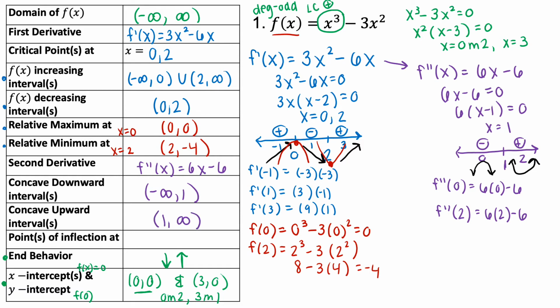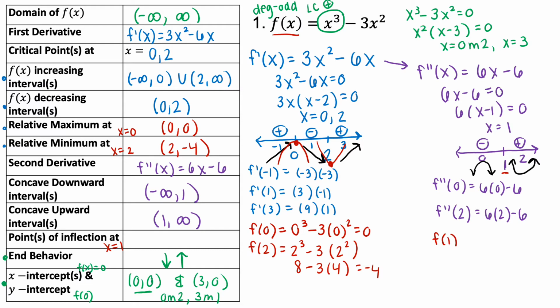And because we change concavity from concave down to concave up at that point 1, we have an inflection point, or point of inflection, when x is equal to 1. But again, just like our relative extrema, we want to give that as an actual x, y point. So we want to go ahead and plug into our original function, x cubed minus 3x squared.